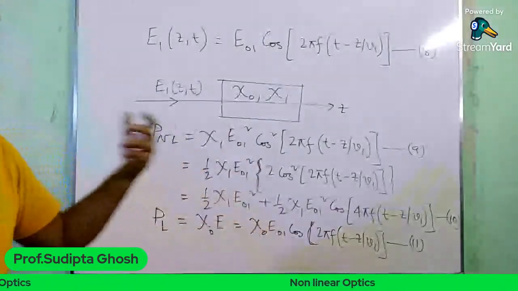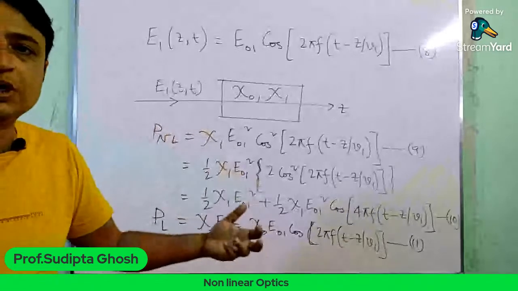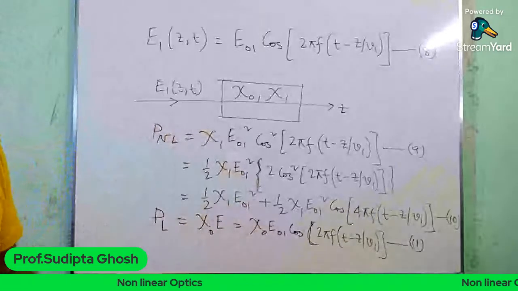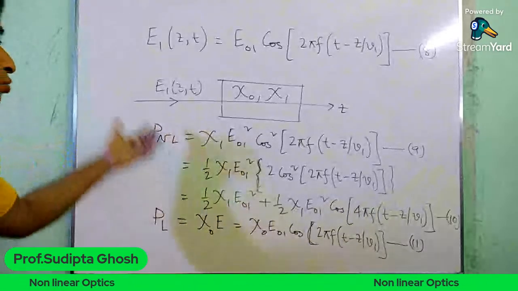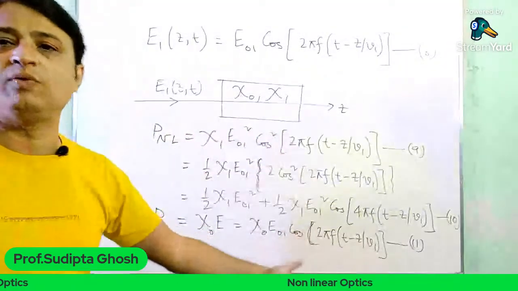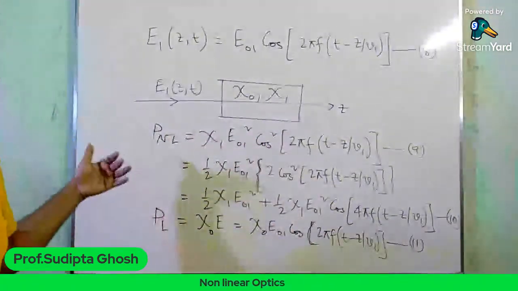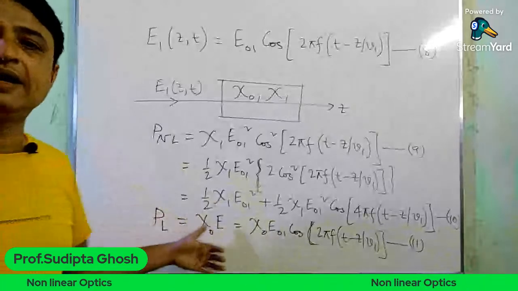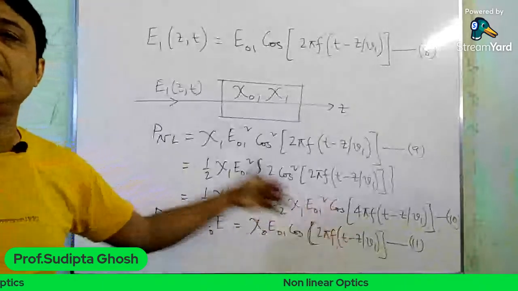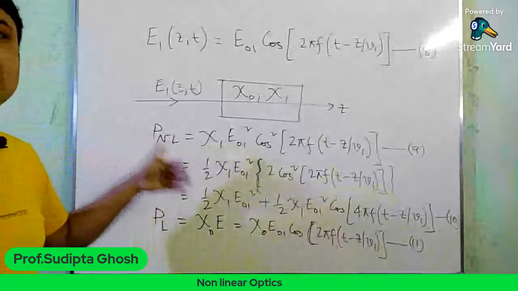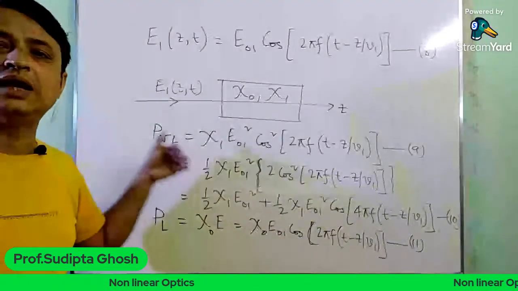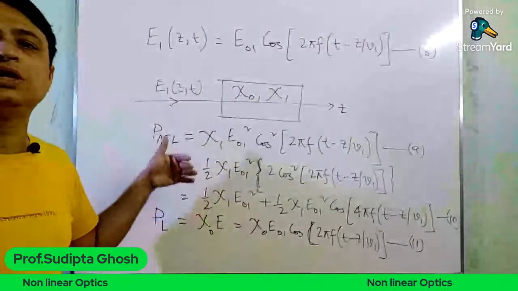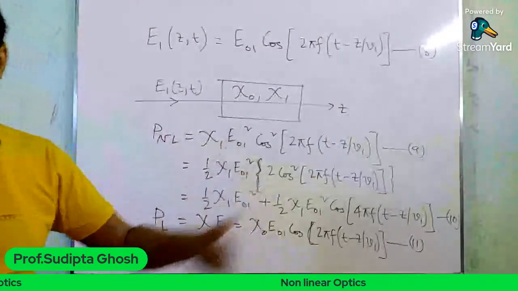Due to these two susceptibility terms, we have two equations. One is the linear effect, calculated in equation number 11, and in equation number 10 we have already calculated the first order non-linear effect PNL, right?